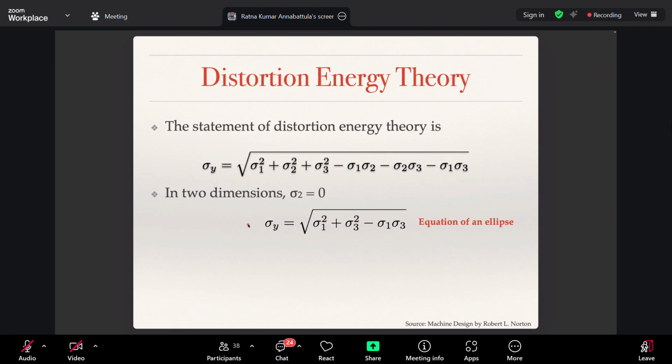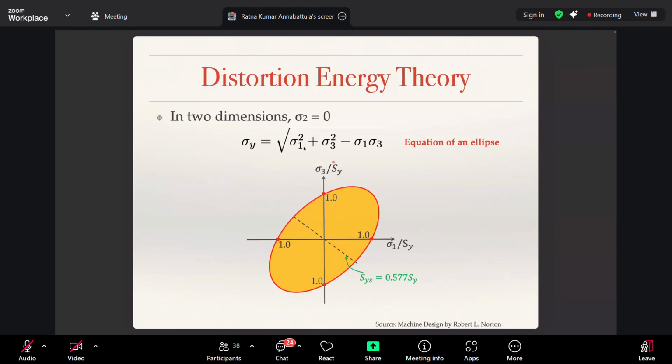Because if you do square on both sides, that is an equation of an ellipse. And if you would plot this equation in the sigma 1, sigma 3 plane, this is how the equation looks like. This is an ellipse. And all the points within this are less than sigma y. And any point outside this red region will give you sigma greater than sigma y. Here sigma y is replaced with sy, because some textbooks use sy.